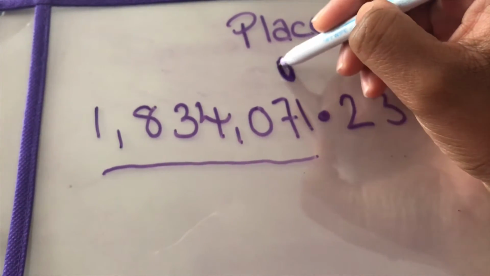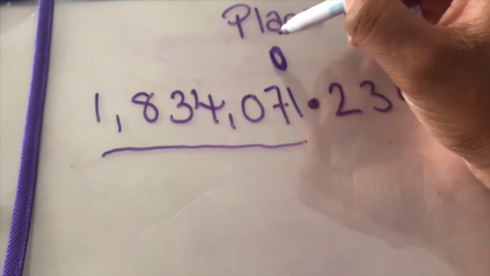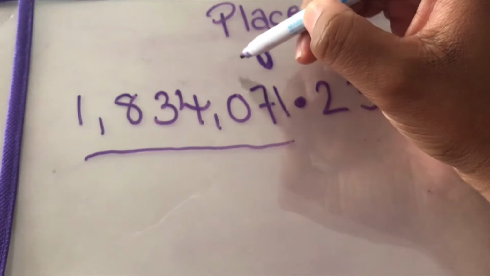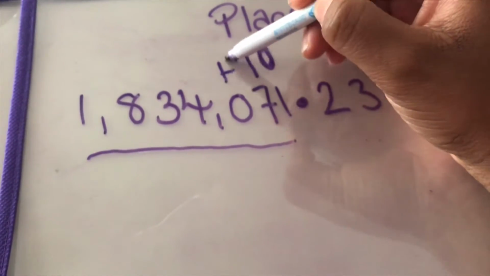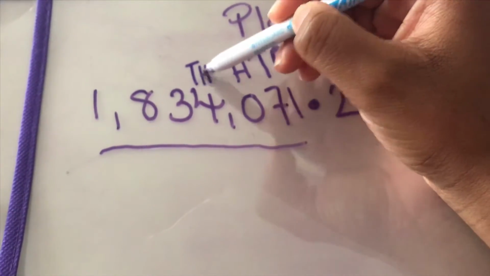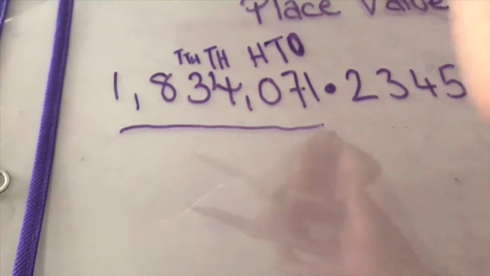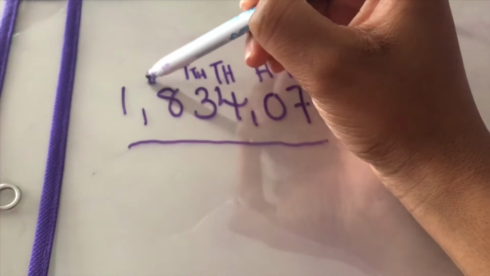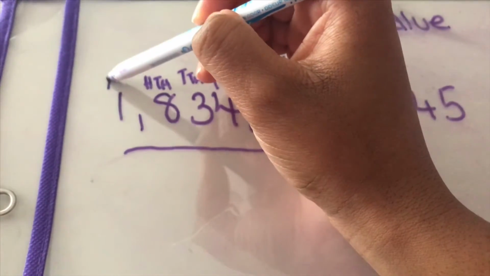I see a lot of you have ones instead of units, so I'll put that one there for you instead. So units or ones, then this is the tens column, this is the hundreds column, this is the thousands column, this is the tens of thousands column, this is the hundreds of thousands column, and this is the millions column.